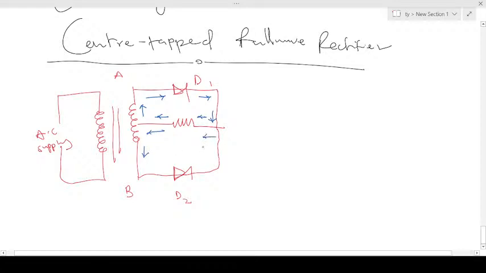So this is the diagram that we'll be using to explain the center tapped rectifier. Now this diagram has two diodes, diode 1 and diode 2, and then it has a center tapped transformer. That's the center tapped transformer.